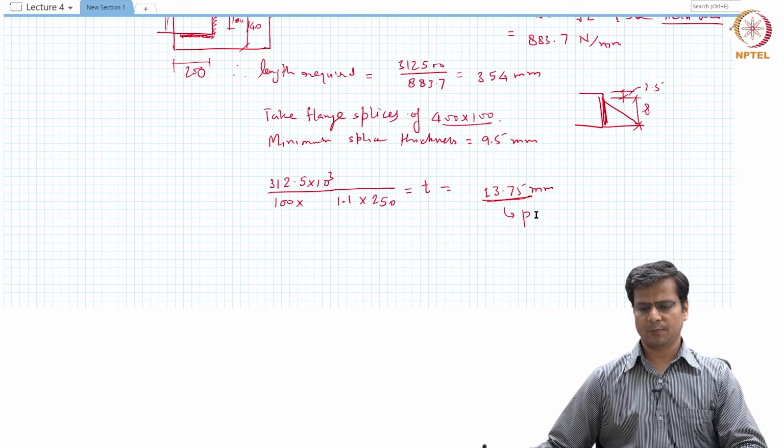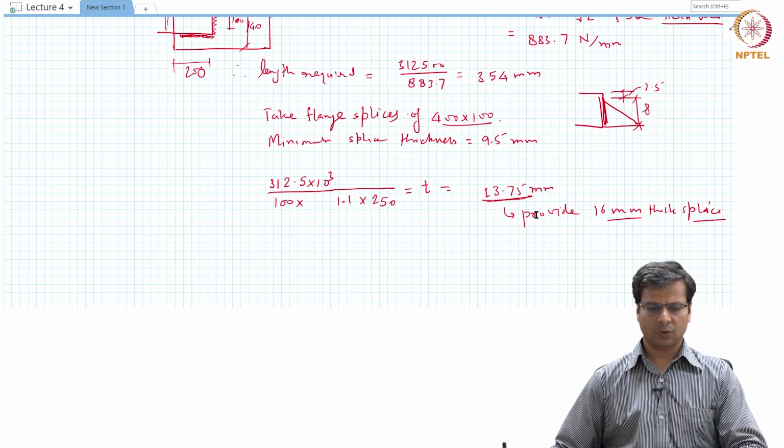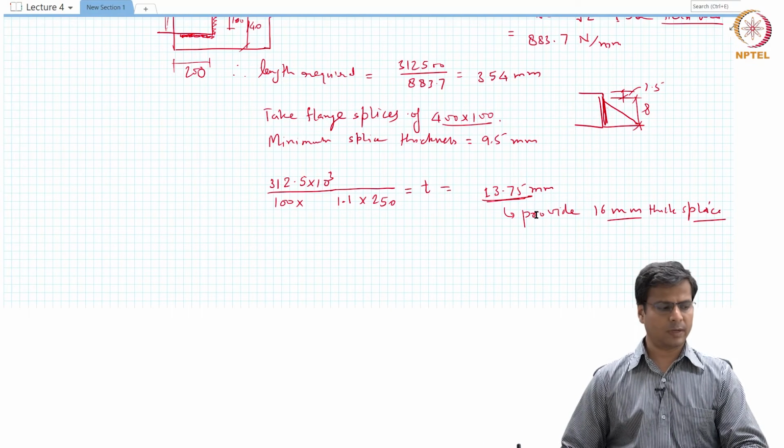Let us provide 16 millimeter thick splice. This is the flange splice we are talking about. So basically we are providing two flange splices, one at the top, one at the bottom. Each one has a size of 400 by 100 and a thickness of 16 millimeters.